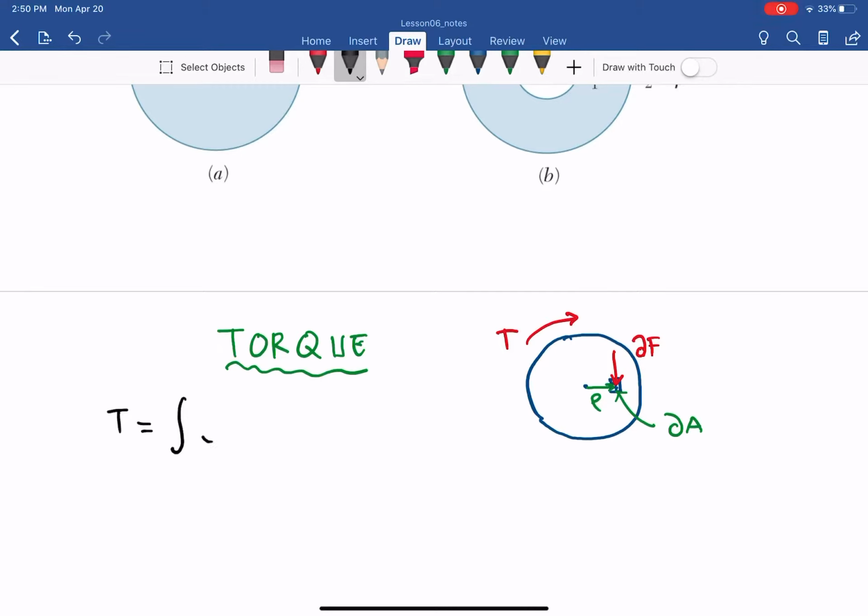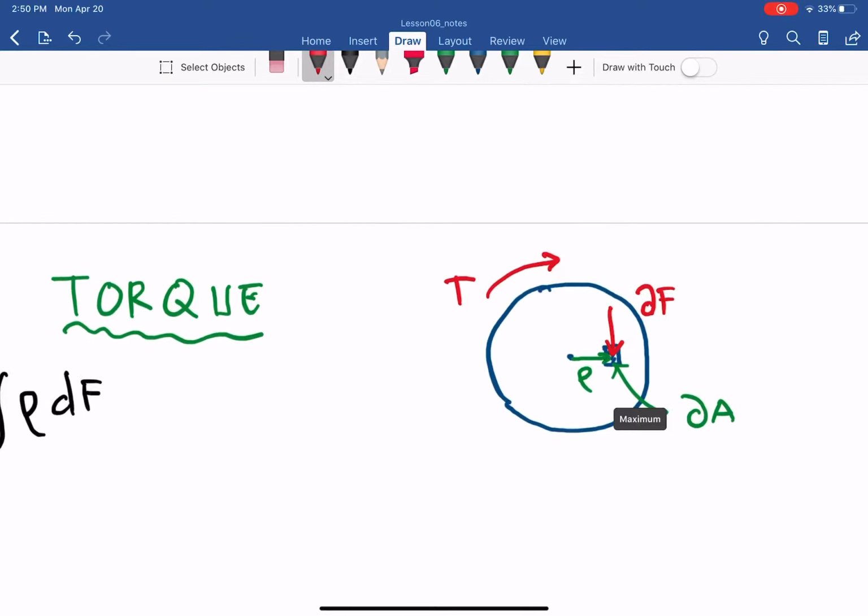So it will be equal to rho, the distance from the center to that portion, times the force applied on that portion, dF, and on that portion we have tau, right?